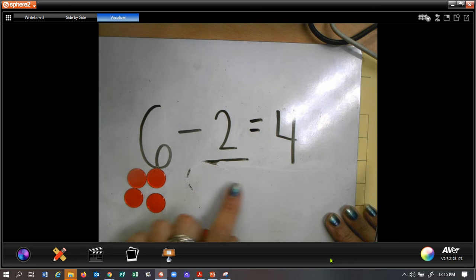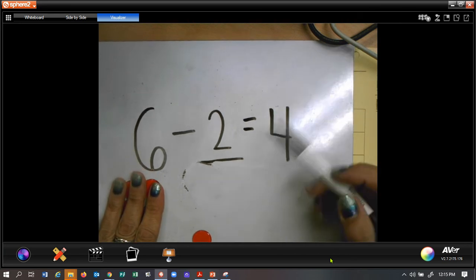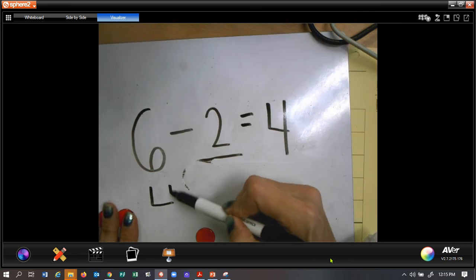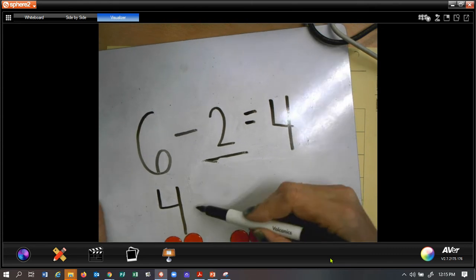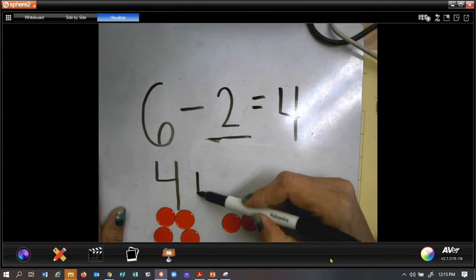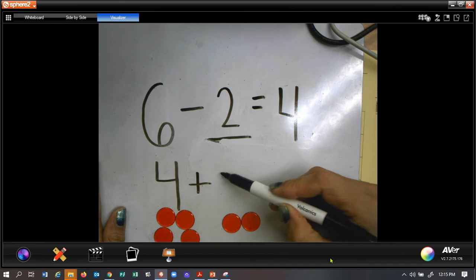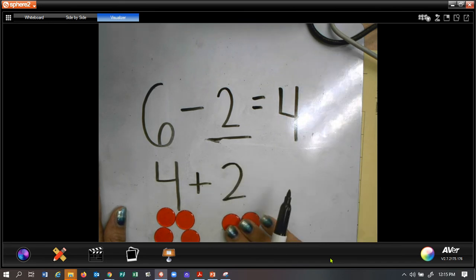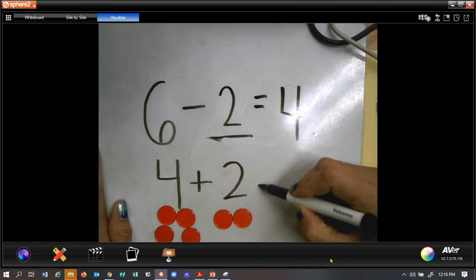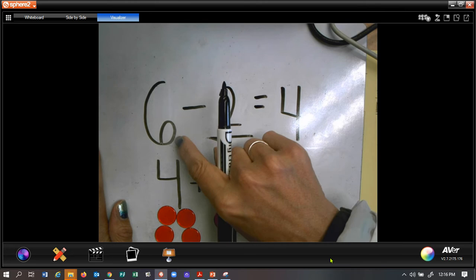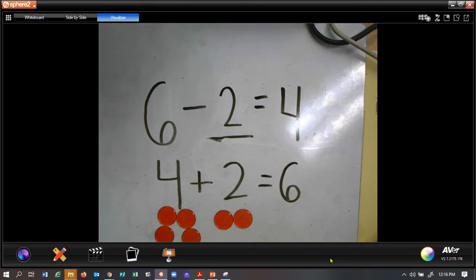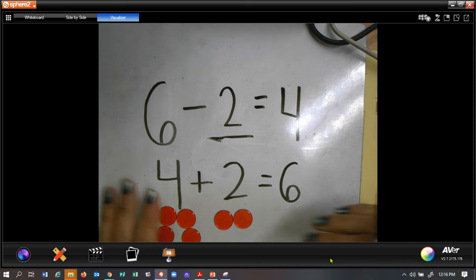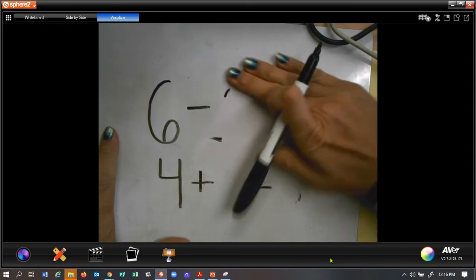I could also write this as an addition fact and say 4 plus 2 equals 6.